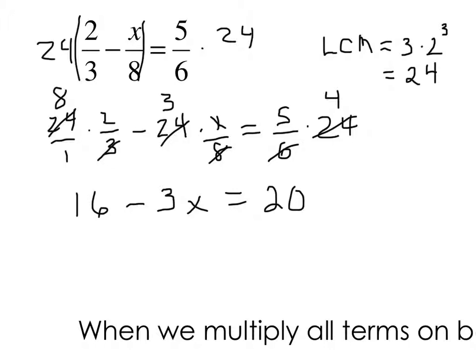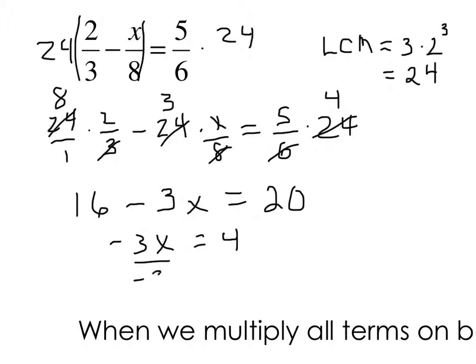So easy to solve. Think back to our original problem, 2 over 3 minus x over 8 equals 5/6. Totally obnoxious problem. So being able to clear the fractions is a wonderful, wonderful thing to do. All right, so we need to solve this. Let's subtract 16 from both sides, and we get 4.